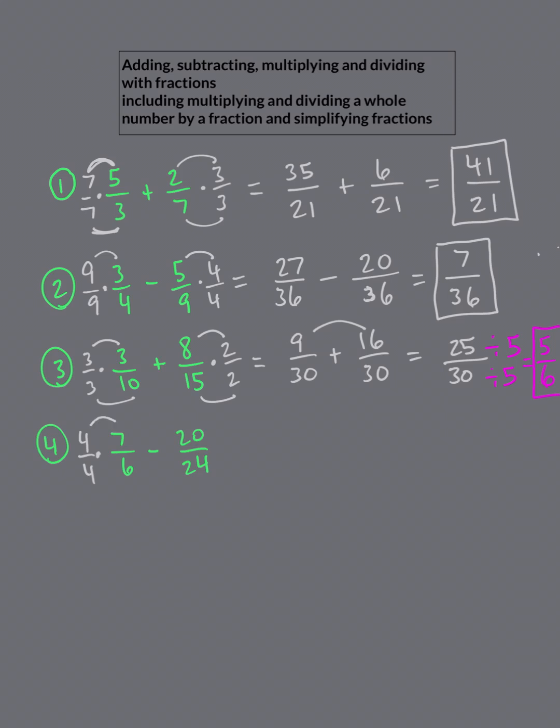So we get 4 times 7 is 28 over 4 times 6 is 24 minus 20 over 24. 28 minus 20 is 8 over our common denominator of 24. Now 8 and 24 do have a common factor of 8, so we need to divide this one by 8, and we need to divide this one by 8. 8 divided by 8 is 1. 24 divided by 8 is 3. So our final answer is 1/3.